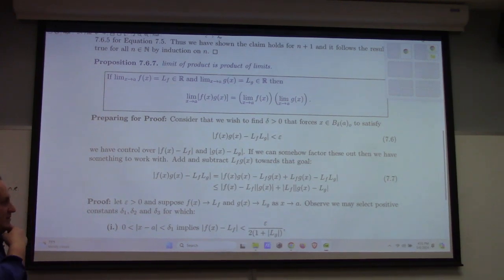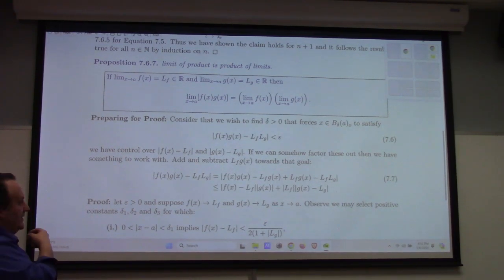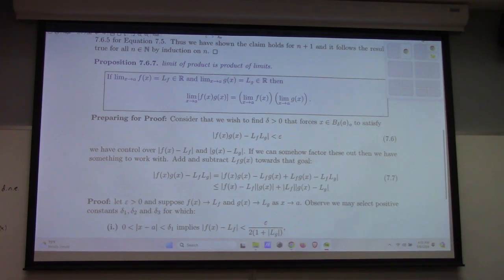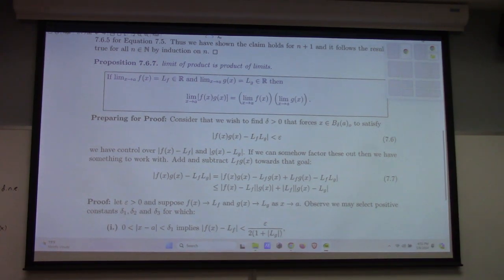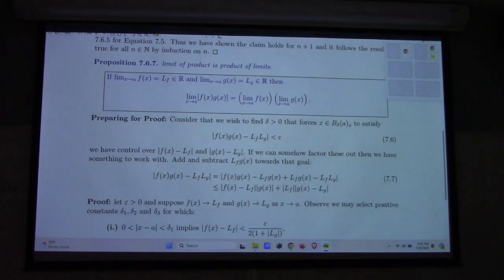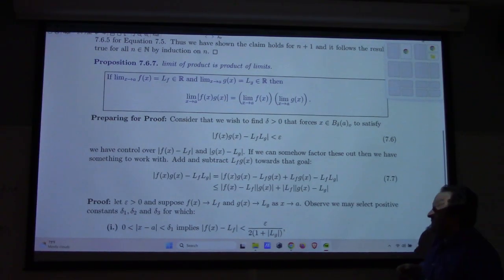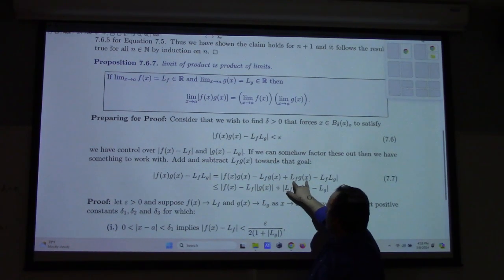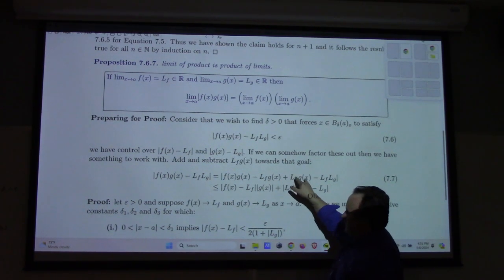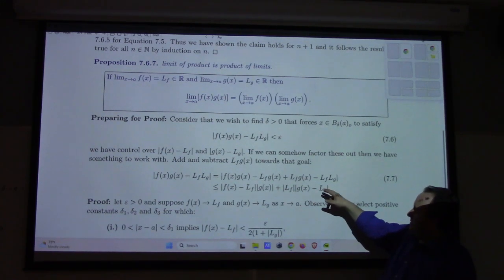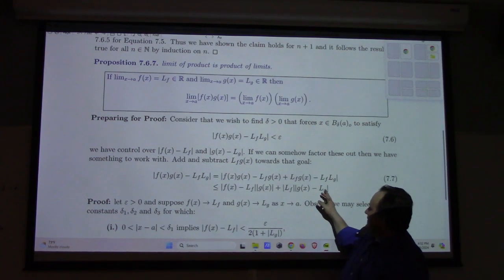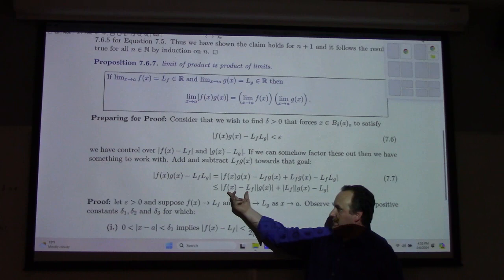All right. So the proof here is a little bit sneaky. It involves adding 0 in a somewhat sophisticated way. So what I do is I add and subtract this term. So I'm adding 0. And then if I factor out g of x here, and I factor out L sub f there, then I can use the triangle inequality to get this estimate.